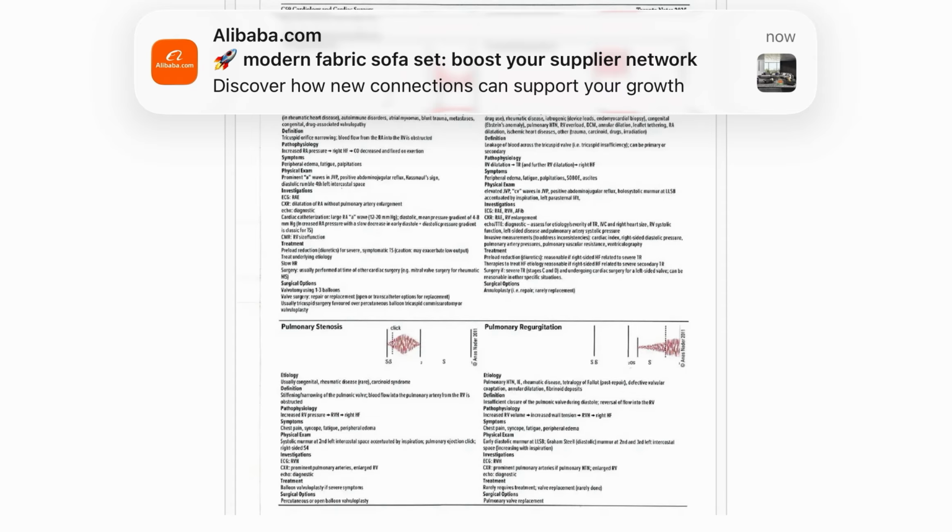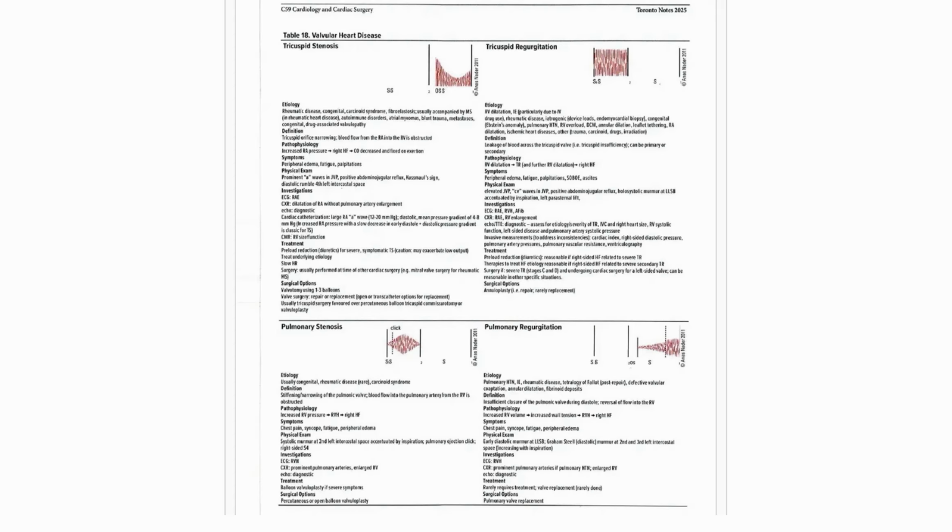To summarize this page, tricuspid stenosis causes obstruction to right ventricular filling and leads to elevated right atrial pressure. Tricuspid regurgitation is most commonly functional due to right ventricular dilatation and produces right-sided heart failure.